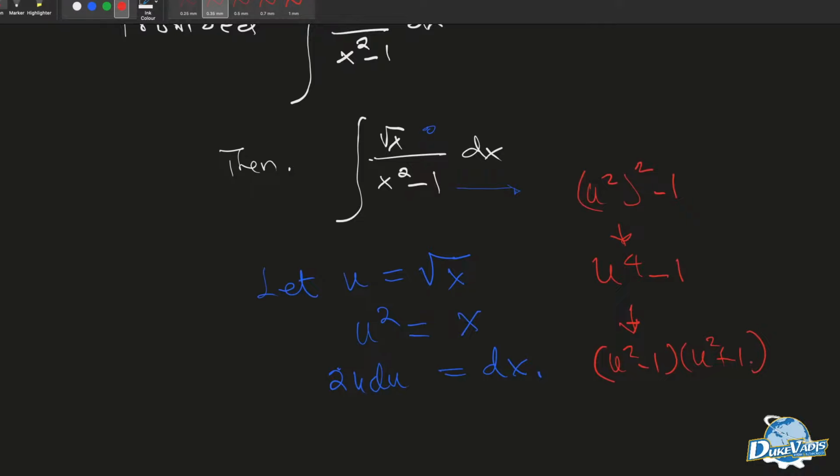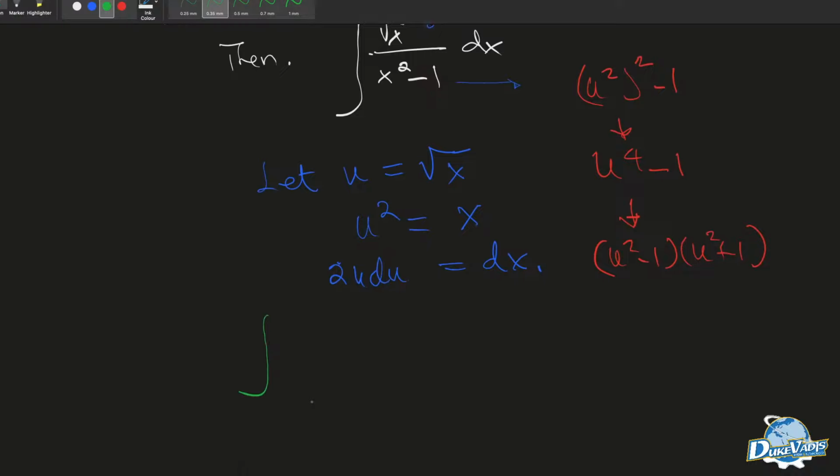So now we are going to substitute everything we've seen into our integration. Our integral will now be the integral of u over u to the 4 minus 1, and then our dx will be 2u du.